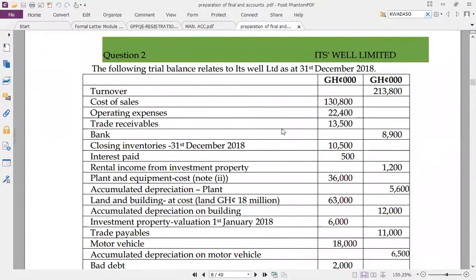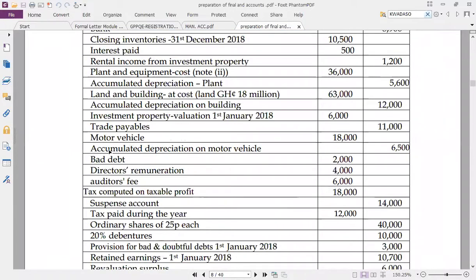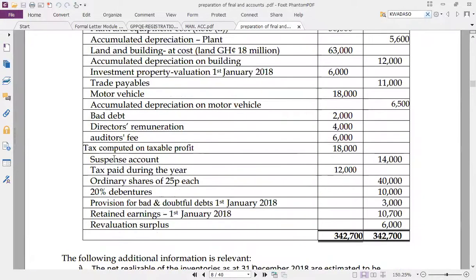So there's rental income of 1,200 from the investment property. So I'm going to record that.